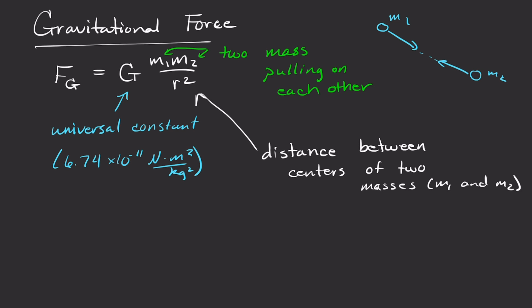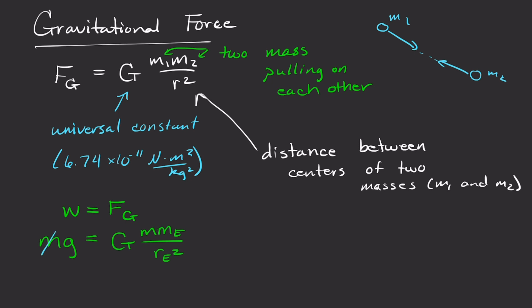And now we said that your weight is the force of gravity when you're near a surface, and then this is also the force of gravity just in general. So that must mean that we should be able to set them equal to each other and get the same thing. So we said the weight is your mass times little g, and the force of gravity is big G times your mass times the mass of the Earth over the radius of the Earth squared.